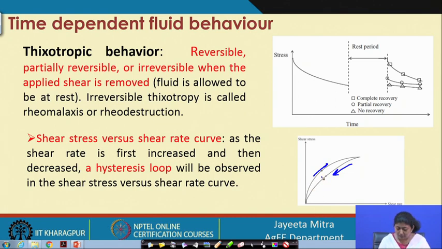So, in case of thixotropic behavior, we can observe that when we increase the shear rate we get one curve, and when we decrease the shear rate, there will be a certain change. This change happens because of some permanent deformation in the structure of the material.